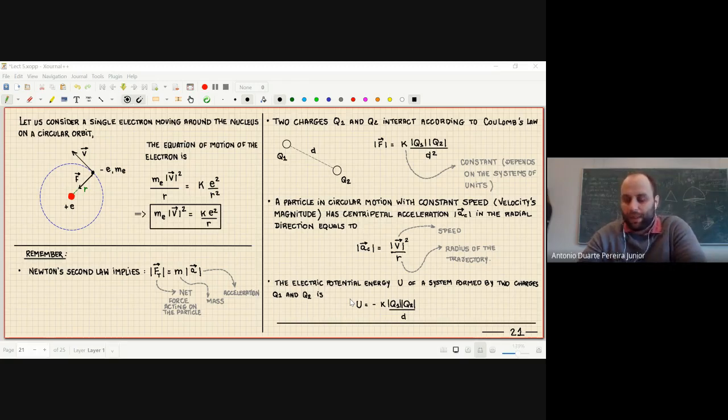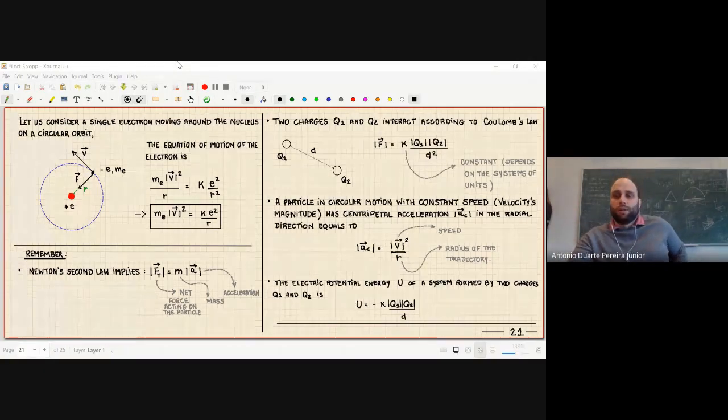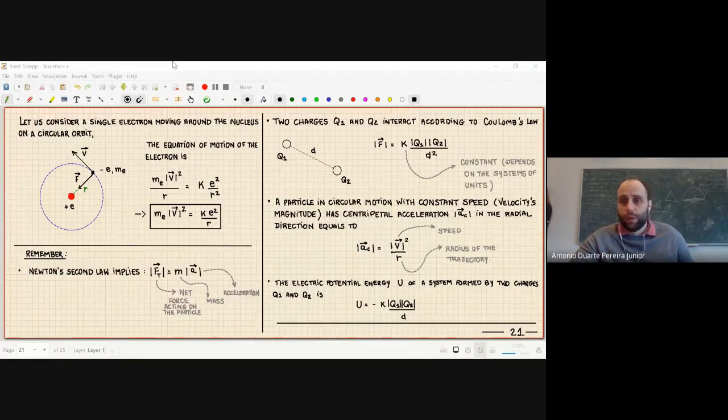So it's not, let's say, a trivial thing. You have to understand these details from the calculation of the work that is realized by the Coulomb force, or the force that you apply to win against the Coulomb force. But I can explain that in more detail at some point if you want.